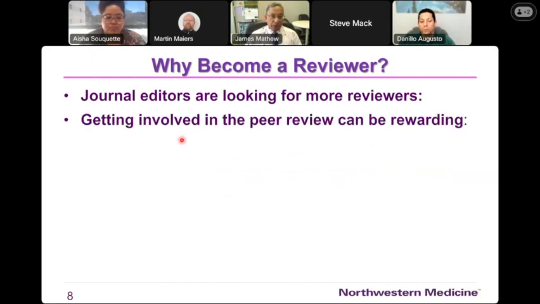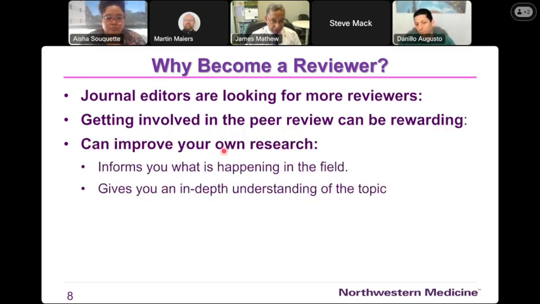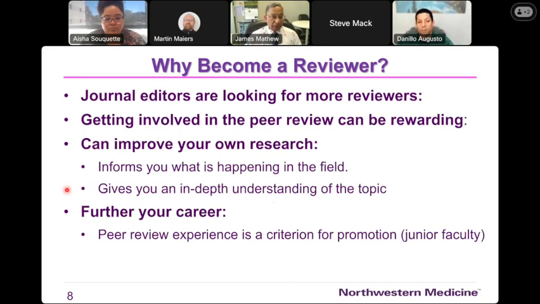Getting involved in peer review can be rewarding because it can improve your own research, informs you what is happening in the field, gives you an in-depth understanding of the topic that you are an expert in. Also, it can further your career. For example, peer reviewer experience is a criterion for promotion for junior faculty.